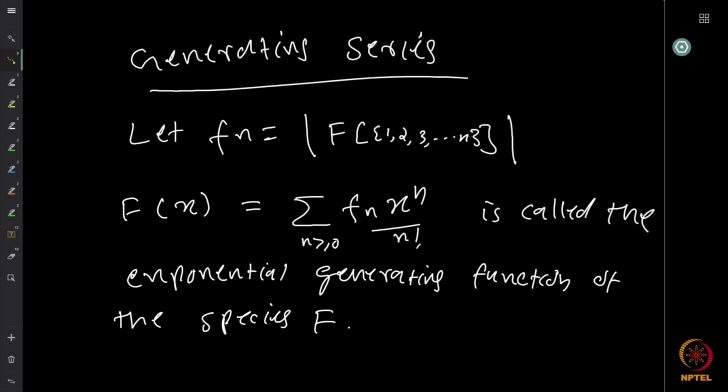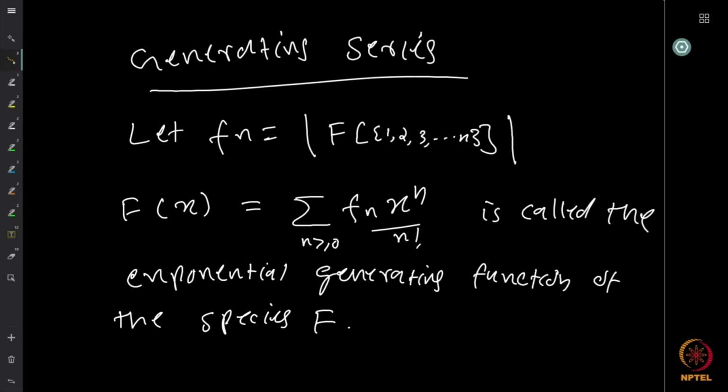Now, as we know, to form generating series, we can basically multiply by x raised to n, and then depending on how fn grows, we will either normalize by n factorial or something like that. So here we are going to do that. We define f of x as summation over all n greater than 0 of fn x raised to n by n factorial.